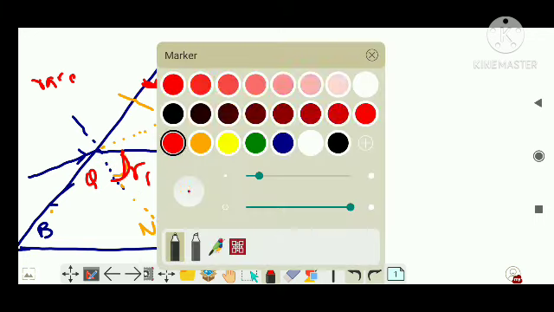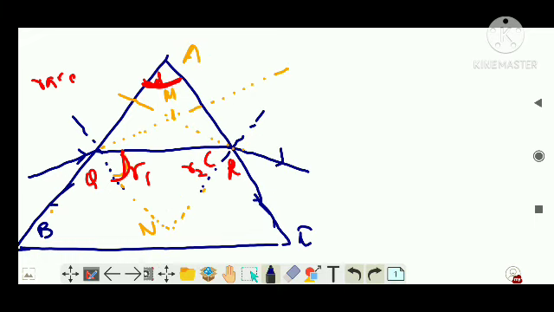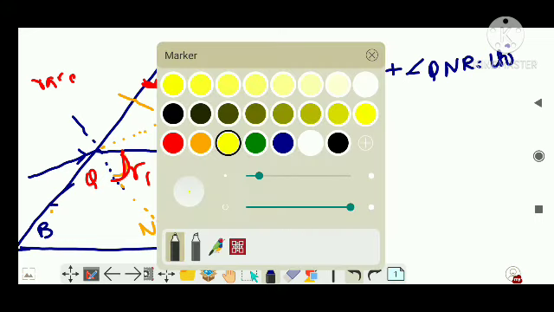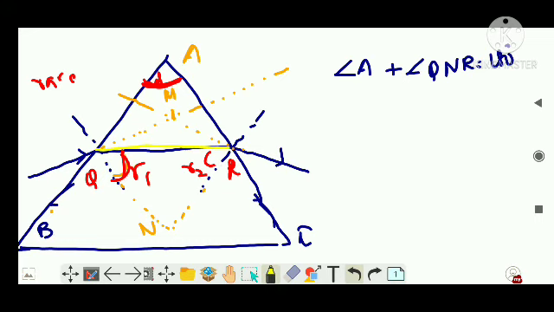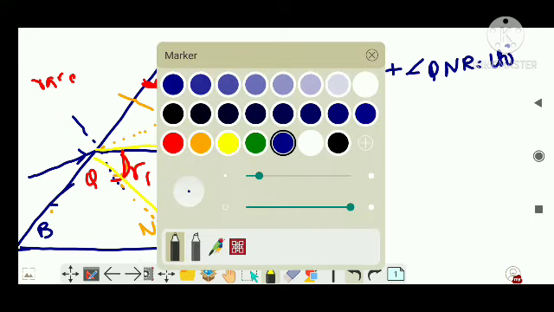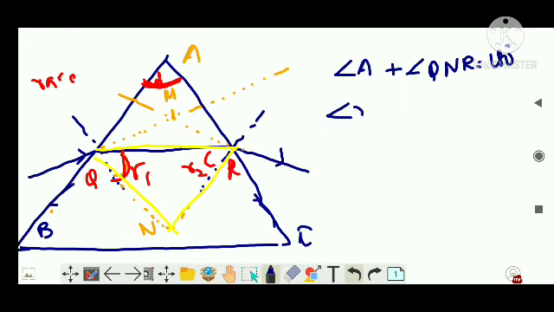So what can I write about that quadrilateral? You know that the sum of the opposite angles of a quadrilateral is equal to 180 degrees. So angle A plus angle QNR is equal to 180 degrees. Now what happens in the case of the triangle QNR? All the angles sum to 180 degrees, so angle R1 plus angle R2 plus angle QNR is also equal to 180 degrees.